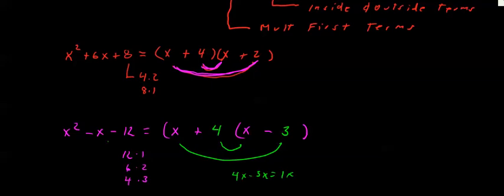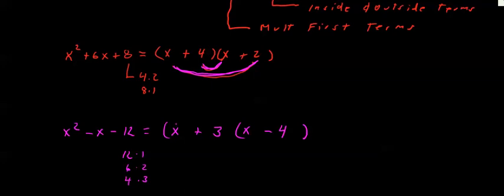I want negative 1x. Not going to work. But since I have the right numbers, just the wrong sign, I can just change it, instead of plus 4, minus 3, I'll do minus 4, plus 3. And that gives me what I want.